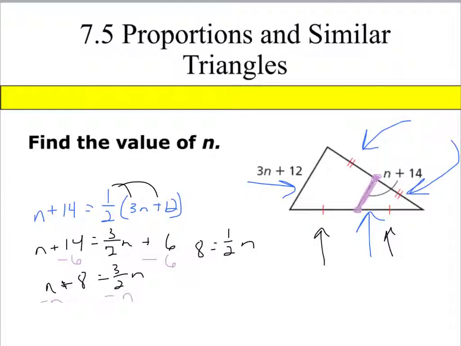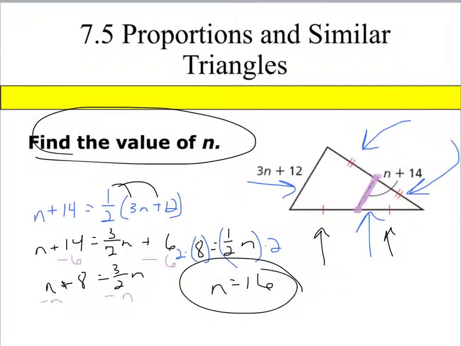How do you get rid of that 1/2? Well, it's multiplying, which means we have to divide by half, which means we're multiplying by its reciprocal. In other words, we're multiplying by 2. And we get n is equal to 16. Okay, and we're set to go. We figured out what n is. The question asks for the value of n, and we found n.